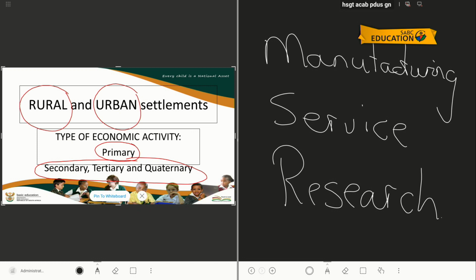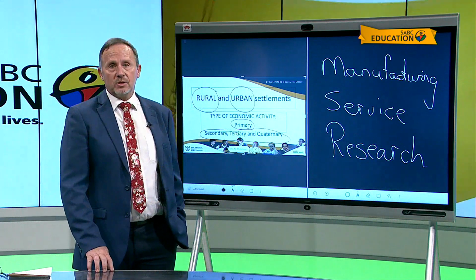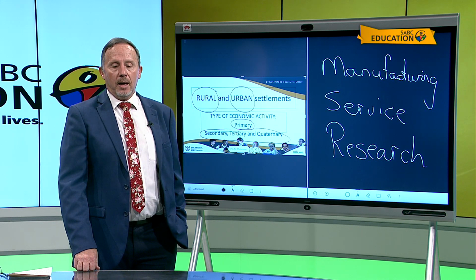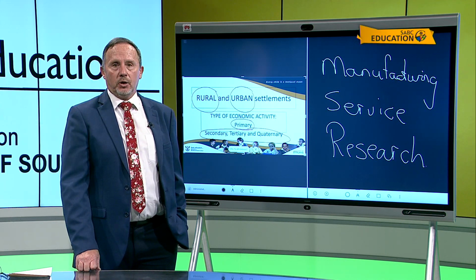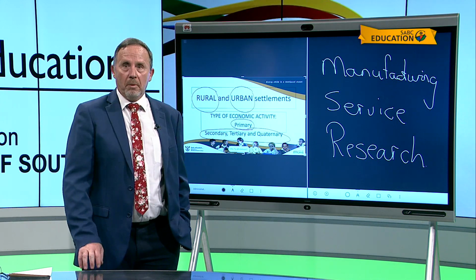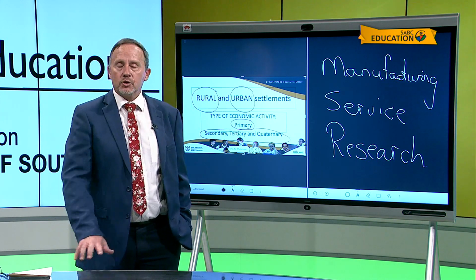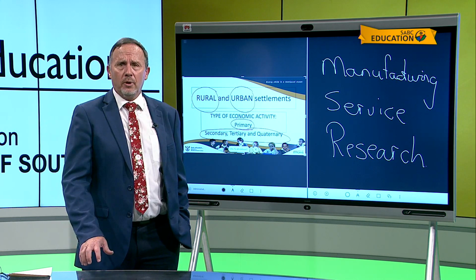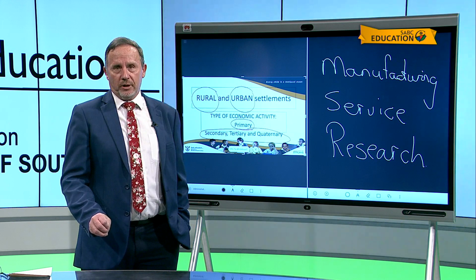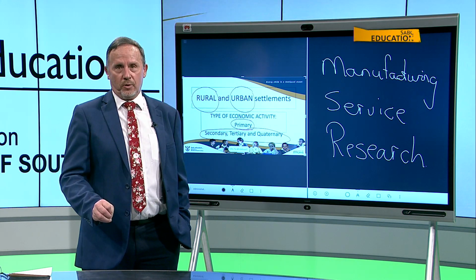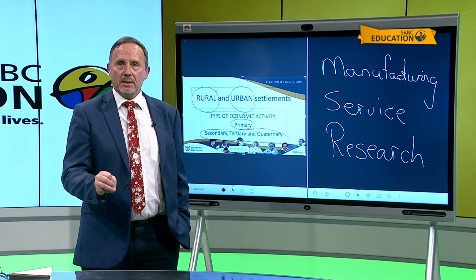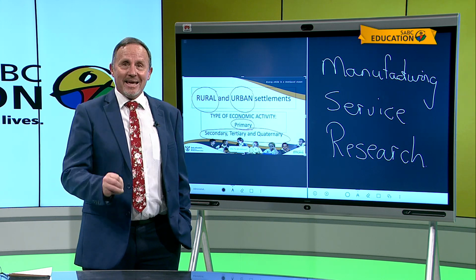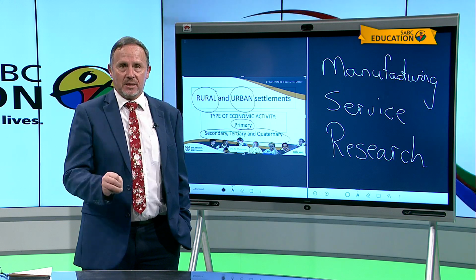Please don't do the following. I have had lessons where I start off and I say, give me an example of a rural area. And the boys put up their hand and they go, Soweto, Mamelodi, Atteridgeville, Soshanguve. No, the word rural is not a derogatory term. It is not a swear word. It simply means a different way of life based on an economic activity.